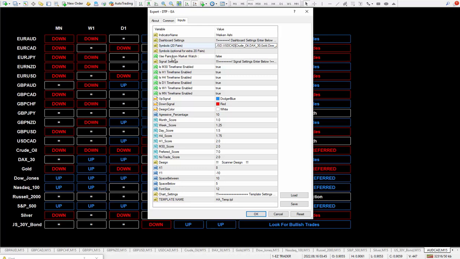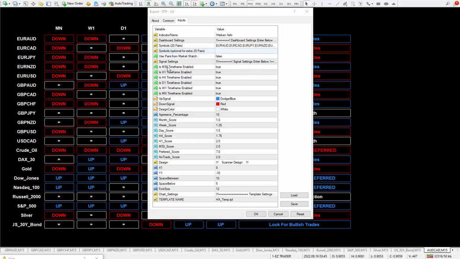Now, there's a button right here that says use the pairs from the market watch. If you put this on true, well, if you've got 50 pairs in the market watch, it's going to grab all of them. So I don't want to do that. I think I've got about 32 and I'm only using 21. So I put this on false.